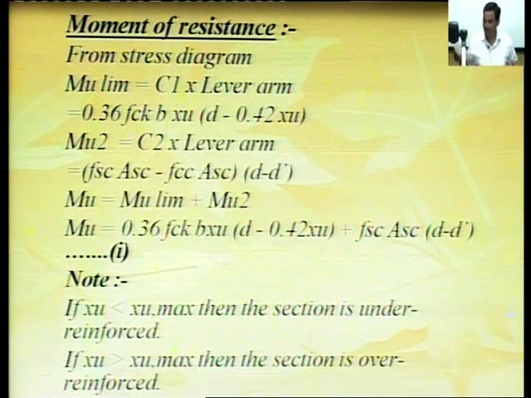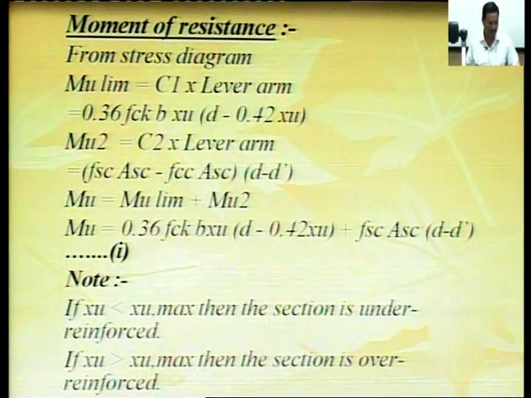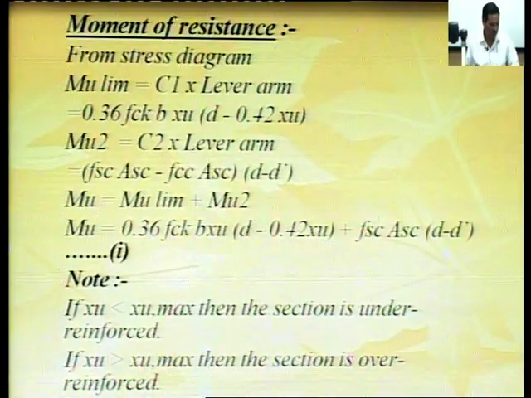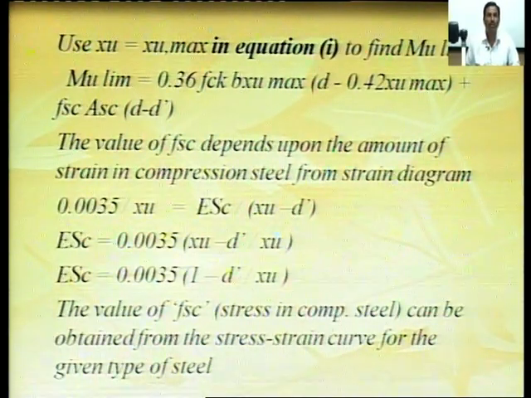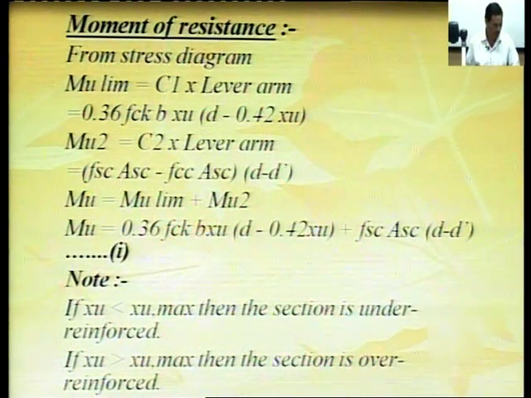In a balanced beam section, the tensile steel reaches its yield strain and the concrete reaches its failure strain simultaneously. In this section, XU is equal to XU maximum. So, the depth of neutral axis is equal to the maximum depth of neutral axis. This type of section is called a balanced section or economical section.